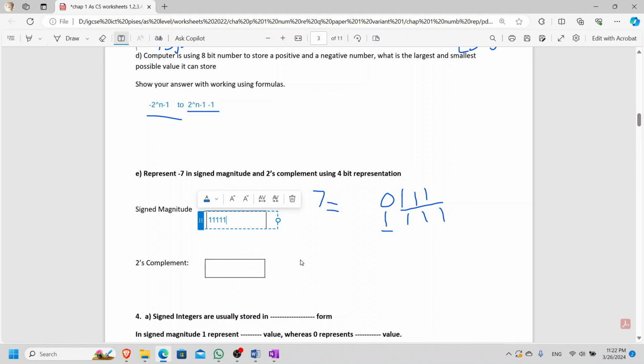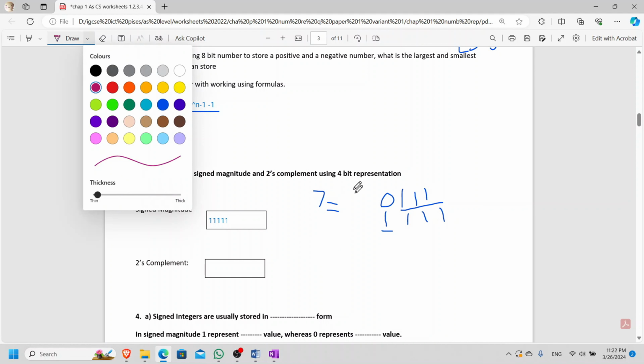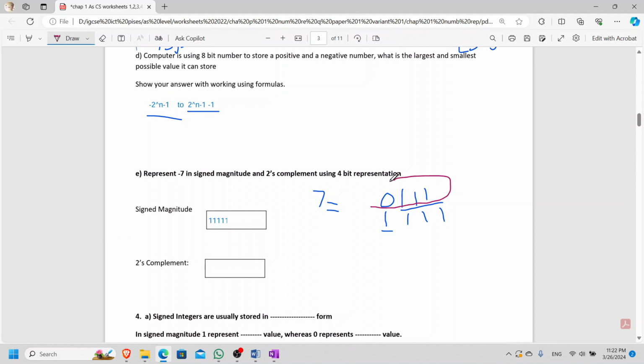Now 2's complement of the same number. For 7, what value was it? 7 could be represented by 0 1 1 1. Now I have to use the 2's complement method. Suppose this was my positive 7.